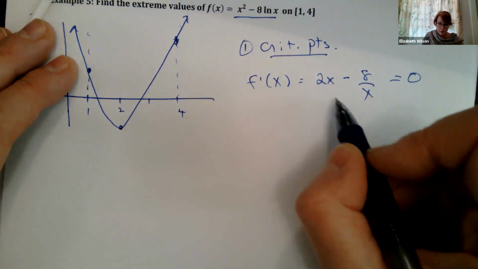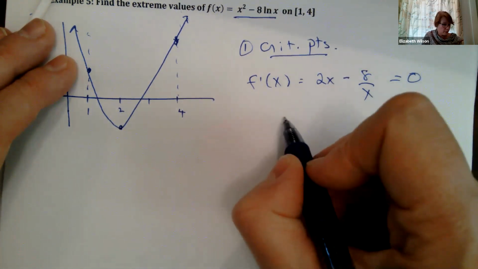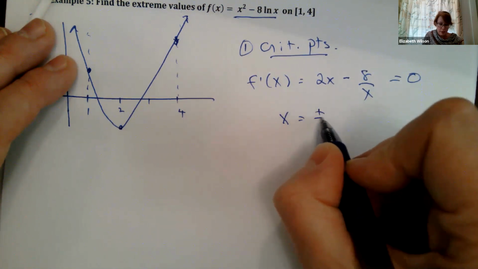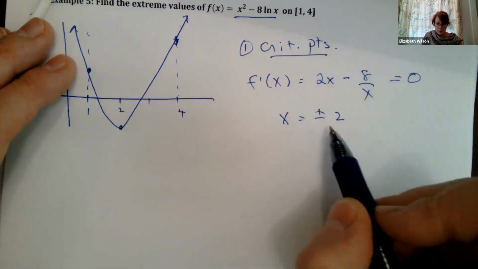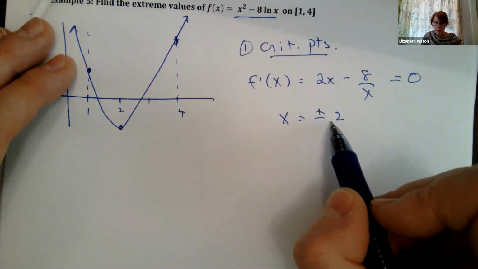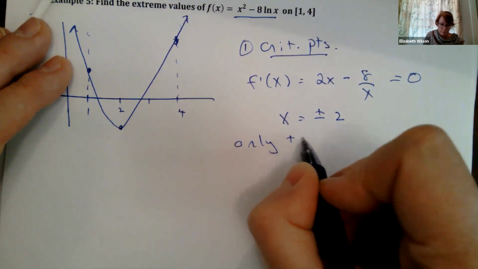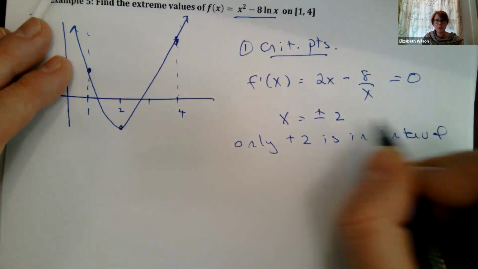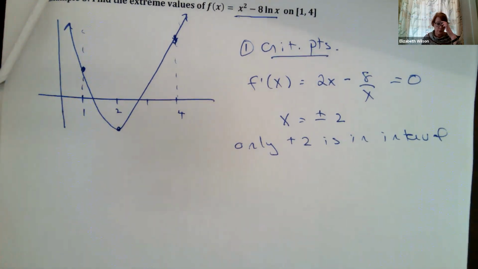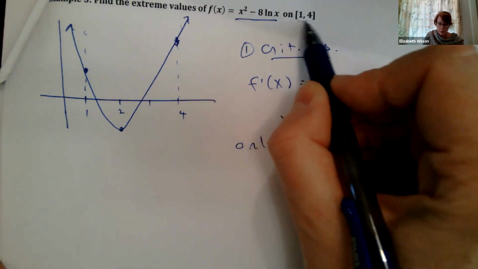You're going to bring it over to the other side, cross multiply, and you're going to find that x is equal to positive or negative 2, after you work your way through it. So x is equal to positive or negative 2, but only positive 2 is in our interval. So I'm going to ignore negative 2. Even though that's a root of this, I'm not going to worry about it, because of my interval.